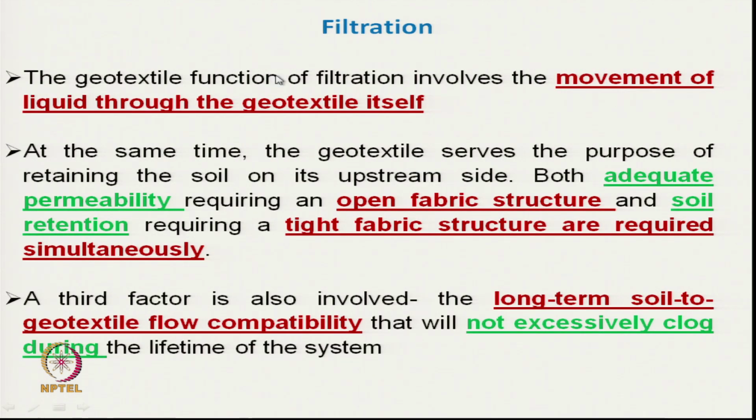The geotextile function of filtration involves movement of liquid through the geotextile itself. One of the most important characteristics of geotextile to maintain proper filtration behavior is the long term soil to geotextile flow capability. So, there should not be excessive clogging, so that it maintains the filtration or drainage behavior.